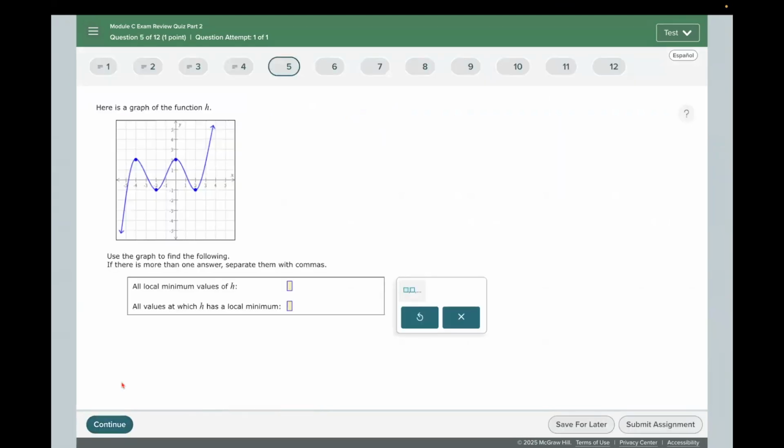Very good. All right, we have a graph of a function h. Use the graph to find the following. If there is more than one answer, separate them with commas. All right, local minimum. So what this means is local minimum is, in theory, I can draw a little kind of neighborhood around the minimum, and it's smaller than everything nearby.